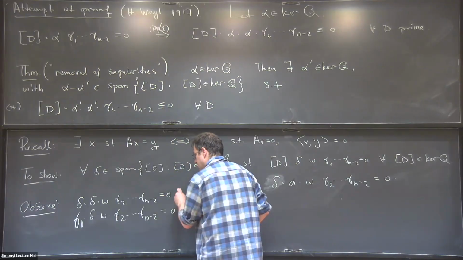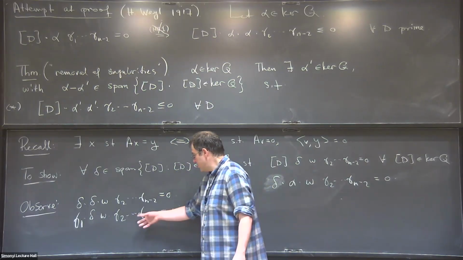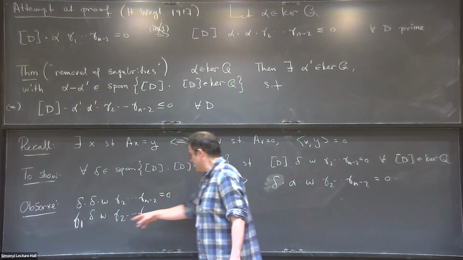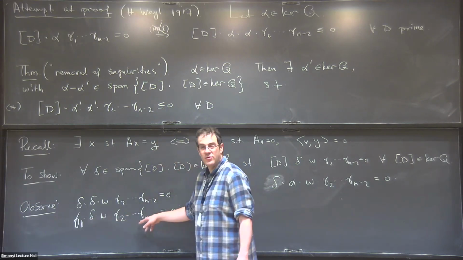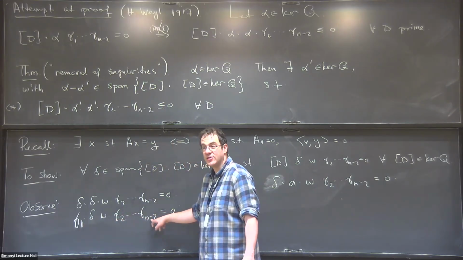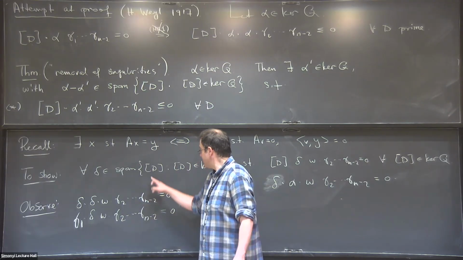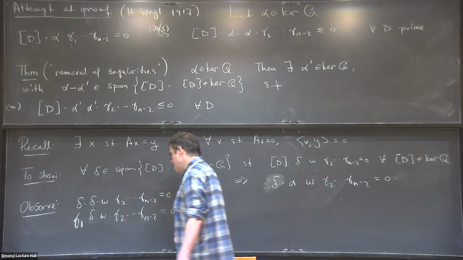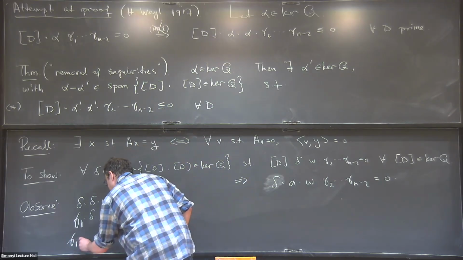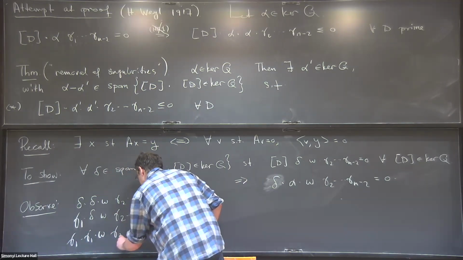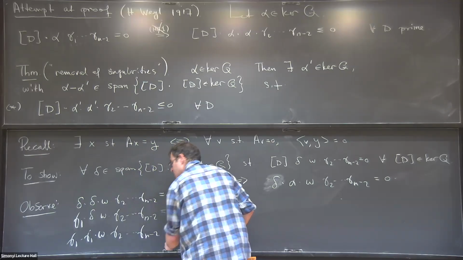This is also 0. Why is it true? Well, this is just because delta is in the kernel of Q. And Q is just a quadratic form generated by gamma 1 and gamma 2 to gamma n minus 2. On the other hand, what happens if I take gamma 1 dot W dot gamma 2 gamma n minus 2?